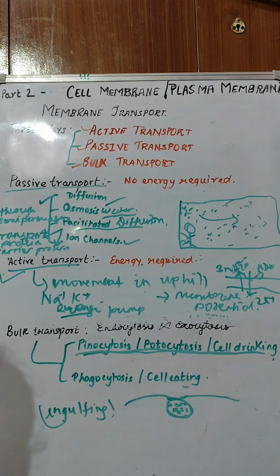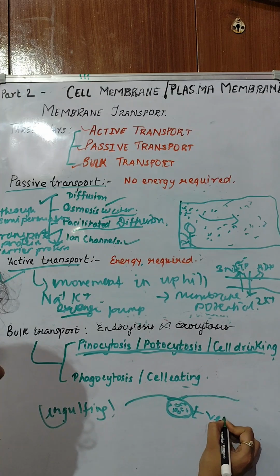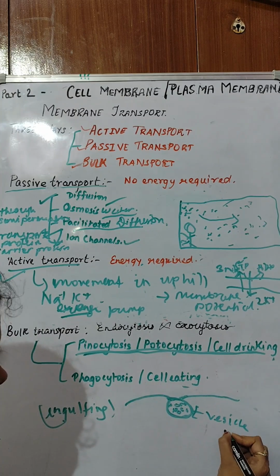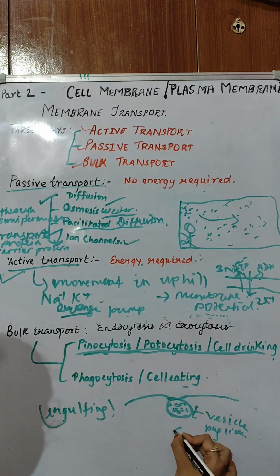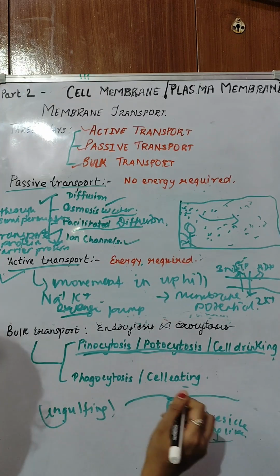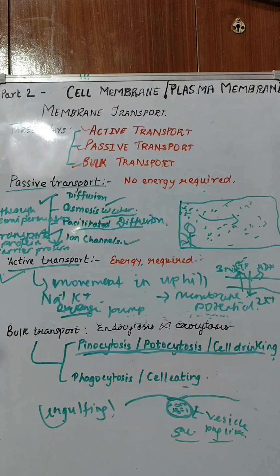What is a vesicle? A vesicle is a bag-like, round sac-like structure. It is formed by the plasma membrane. If the cell wants to take anything in large amount from outside, it will engulf that particular molecule.